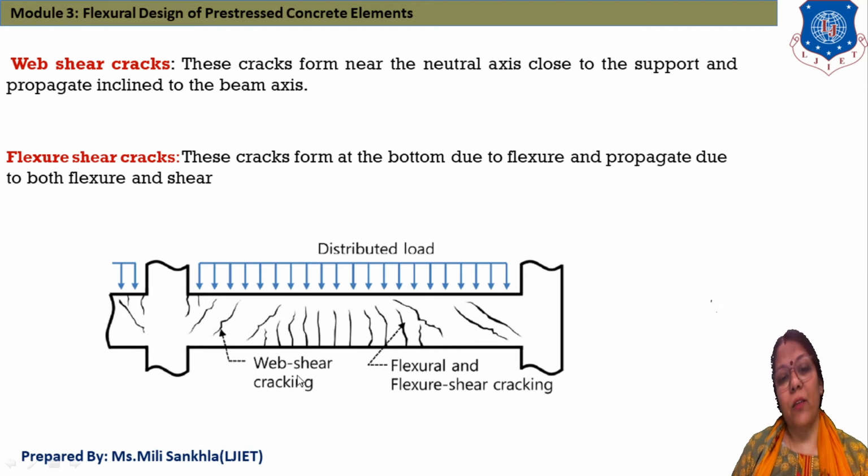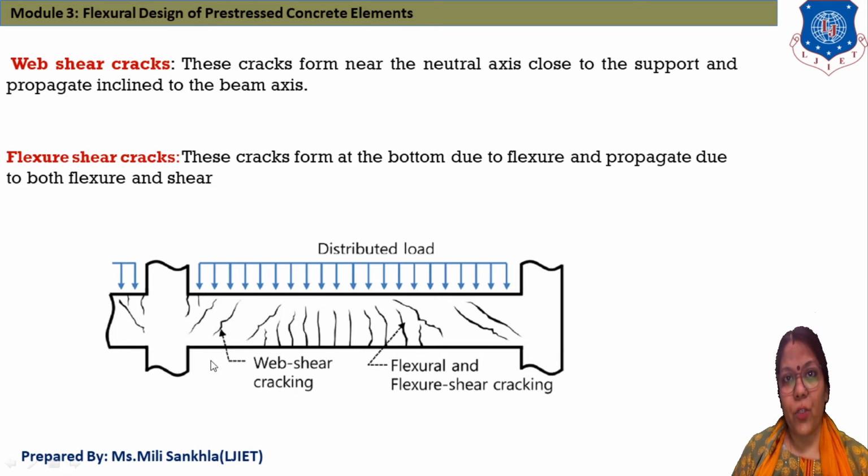These cracks are produced near the support, also pass through the neutral axis, and propagate inclined to the beam axis.